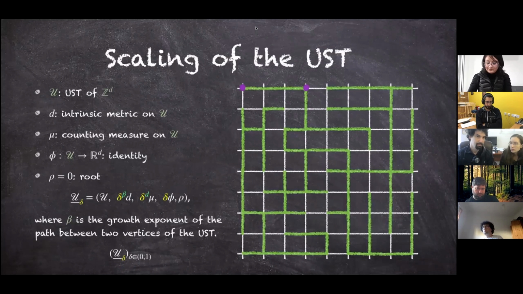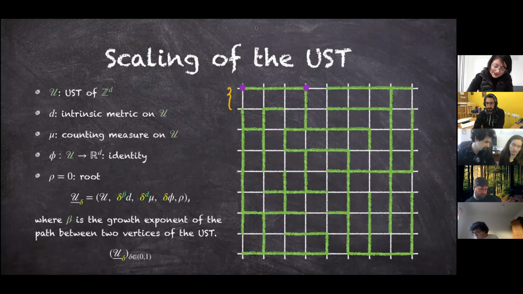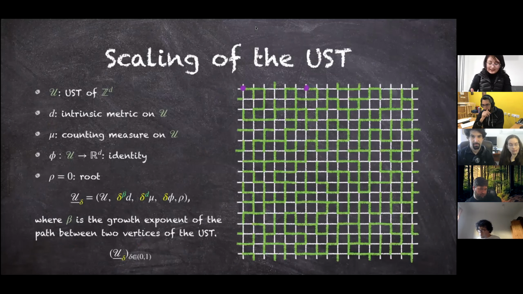So on the left, I have the definition of my uniform spanning tree as one element of this space. And here, my distance between nearest neighbors, I can think that it is 1. But then I can rescale so that the distance is now delta.